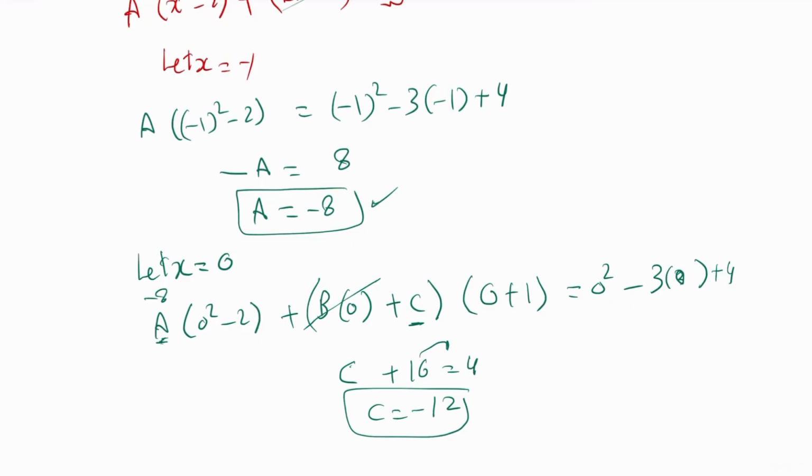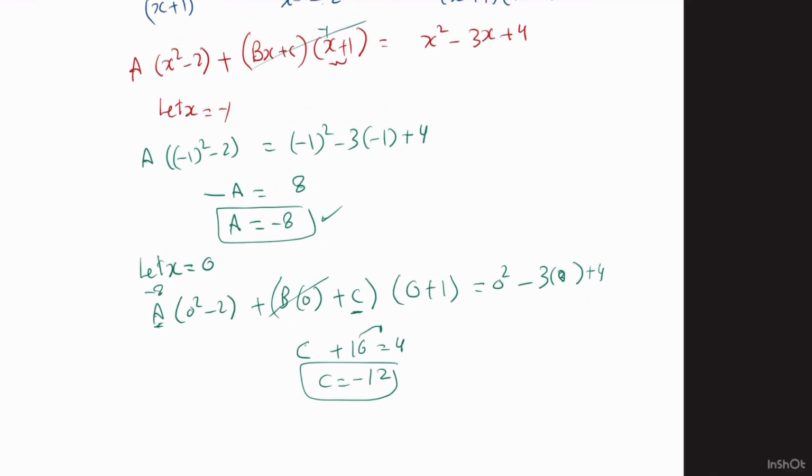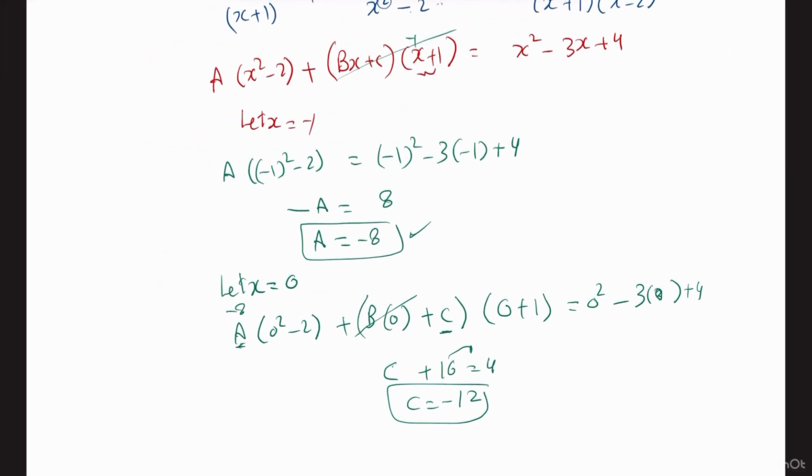So now I have the value of A and the value of C. How to find the value of B? The same idea: let x be any number except 0 and except negative 1, of course, because we used them before. So let x equal to 1, for example.